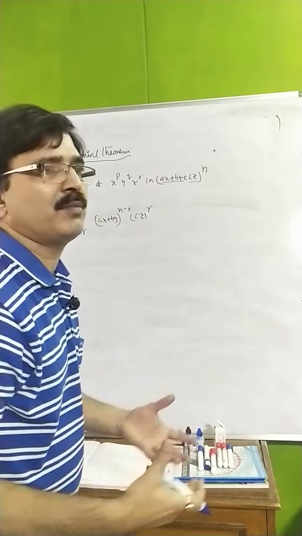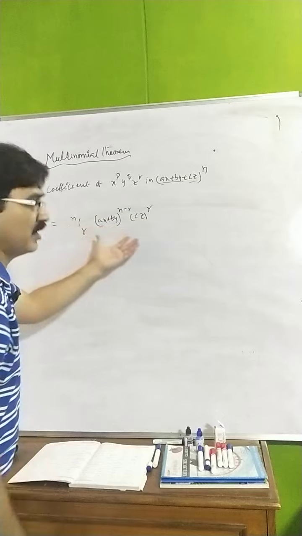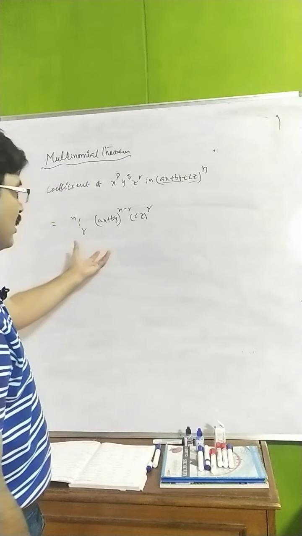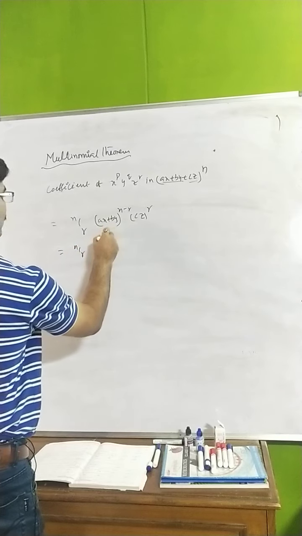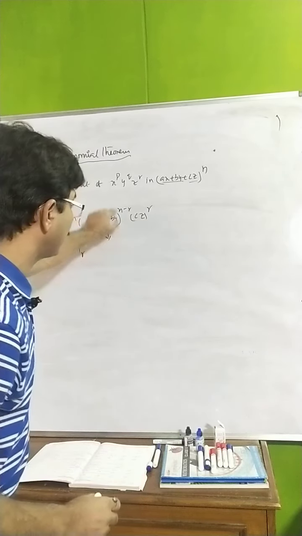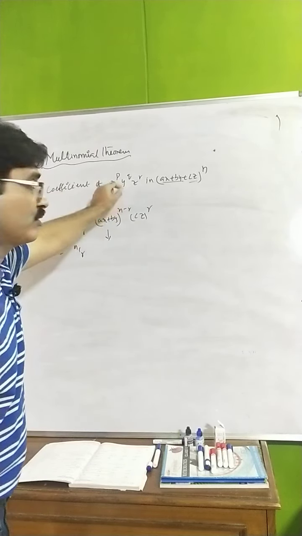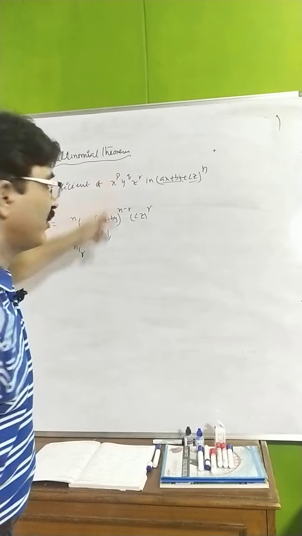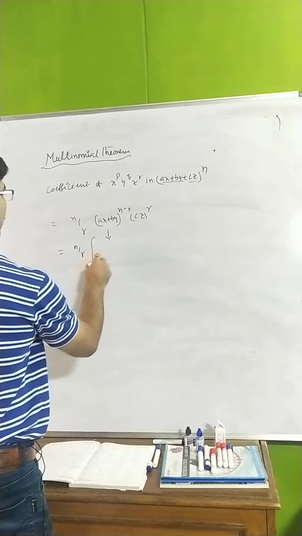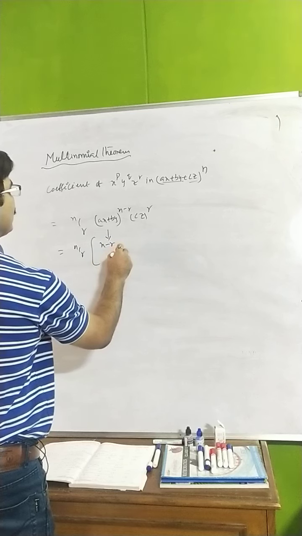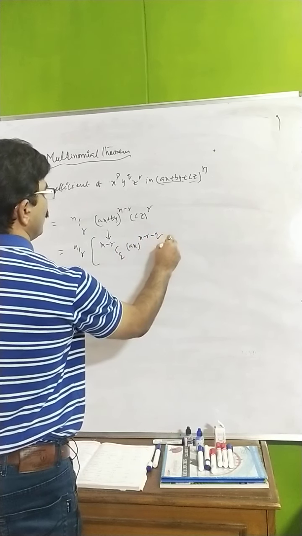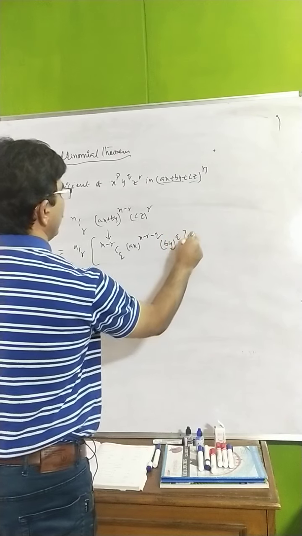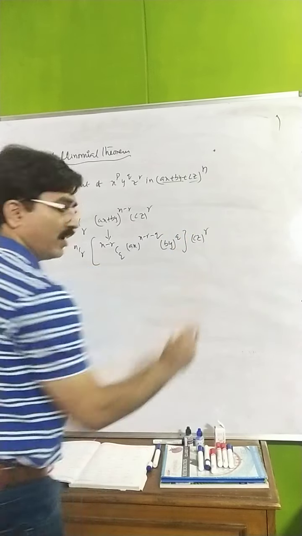What I know in binomial, I wrote the general term only here. Now you see, for that nCr, for this one also I can write the general term, but please keep this point in mind. So I am going to target y, power q is there. So that I can write as (n minus r)Cq (ax) to the power of n minus r minus q, (by) to the power of q, and here (cz) to the power of r.